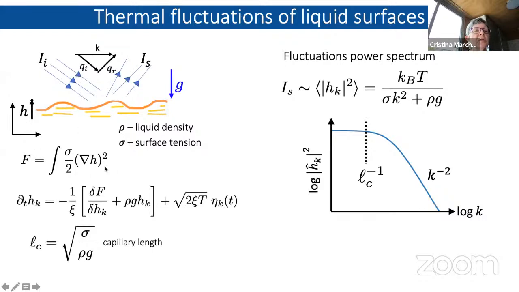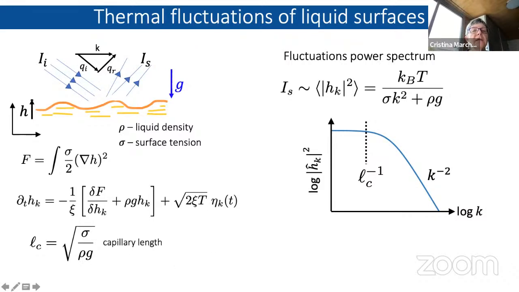And the energy cost for such fluctuations will be proportional to the surface tension and gradients of h squared. The dynamics of fluctuations can be written as controlled by a sort of Langevin equation. I've also added gravity here, and this is just thermal noise. And there is a characteristic length scale in the problem that comes from the interplay of tension and gravitational forces, known as the capillary length.